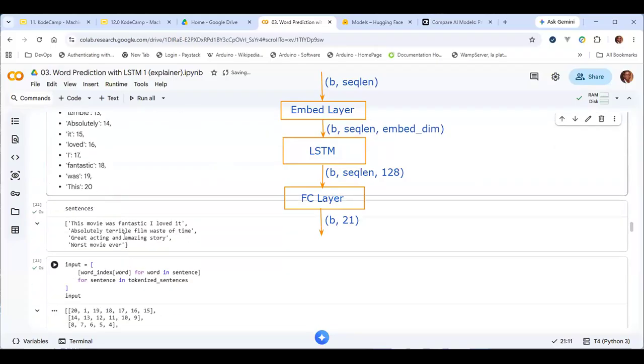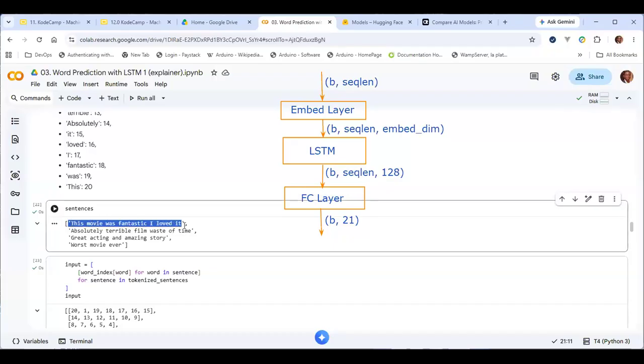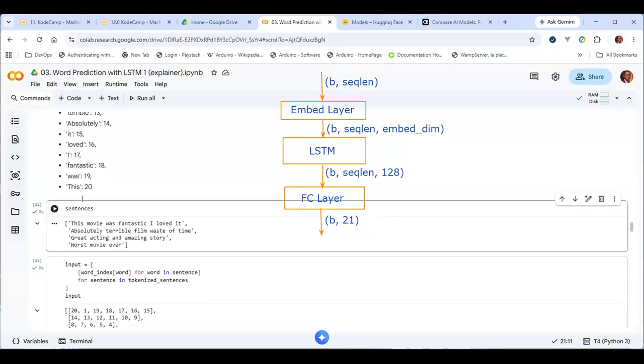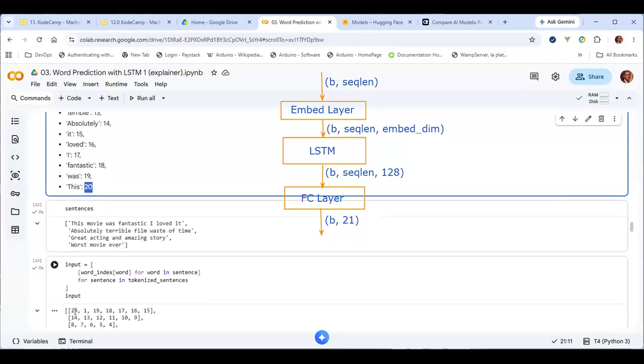Now, if I want to encode this sentence, this movie was fantastic, I loved it, the first thing it will do is tokenize it. So it takes each of the words into an array of the words: this, movie, was, fantastic, I, loved, it. Then it will convert each word into the index in this vocabulary. This has position 20, that's why we have 20 here.